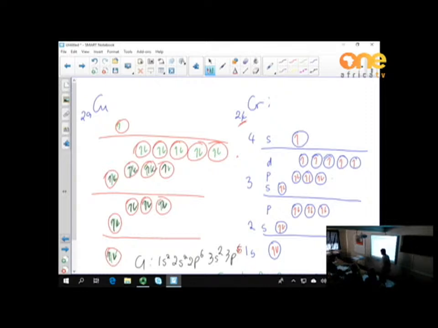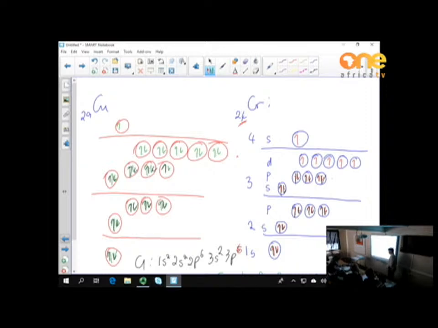Argon will have a filled outer shell. Okay, I'm going to do it on this one. I'm just going to use a different color. I'll use black. How many electrons does argon have? 18. So it goes 1, 2, 3, 4, 5, 6, 7, 8, 9, 10, 11, 12, 13, 14, 15, 16, 17, 18.